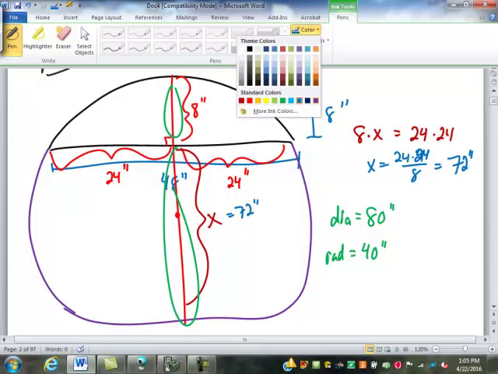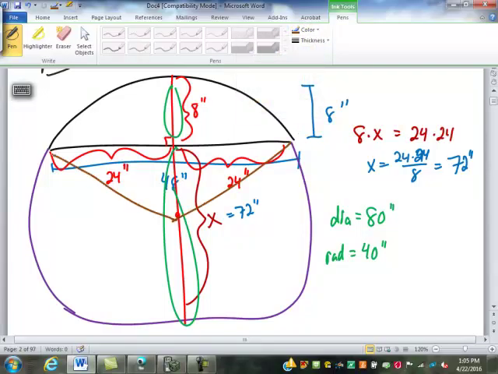Now, before we can do anything, we need to know something about this triangle. We need to know the central angle so we can find the area of the sector. Well, I can find the area of the half. Gentlemen, quiet. We can find this angle here because we know that this is 24 and we know that this is 40. We have the opposite side and the hypotenuse, which is the sine. So this is going to be the inverse sine of 24 over 40.